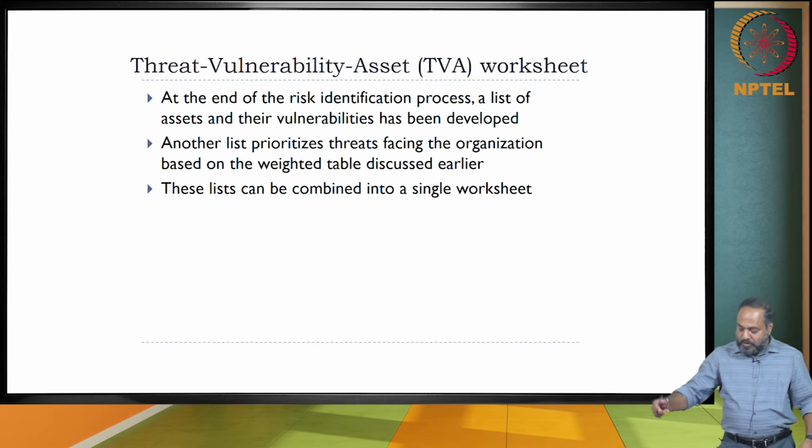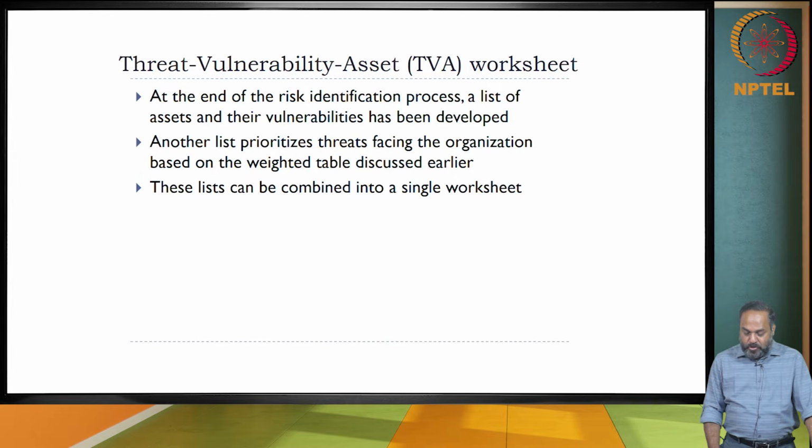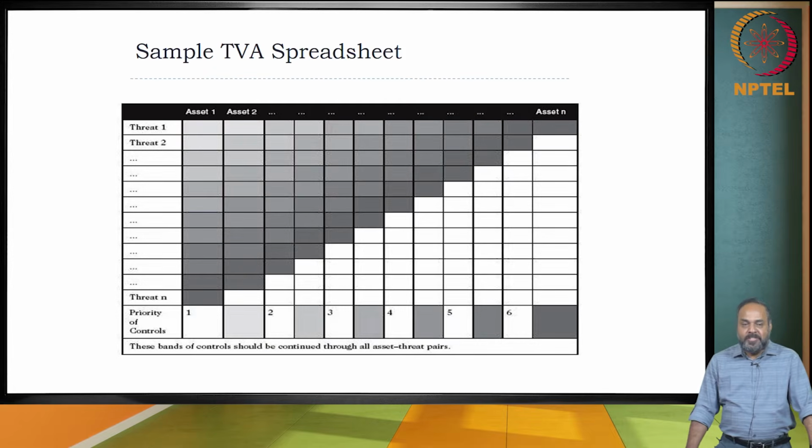Now, I will take you to this important spreadsheet which is used in risk assessment. So, you can imagine this requires a spreadsheet, okay, because this pertains to a cell. Okay. There is a cell which pertains to 2 dimensions. So, each cell will actually chart the vulnerabilities. So, the threat vulnerability asset worksheet, also known as the TVA worksheet, is the final tool. I will show you an example, and this is in your mind already, I believe. You have one axis which is for threats, you have the other axis which is for assets.